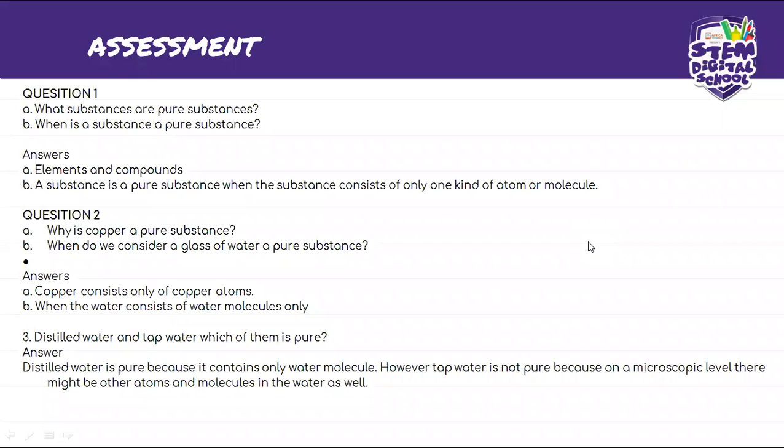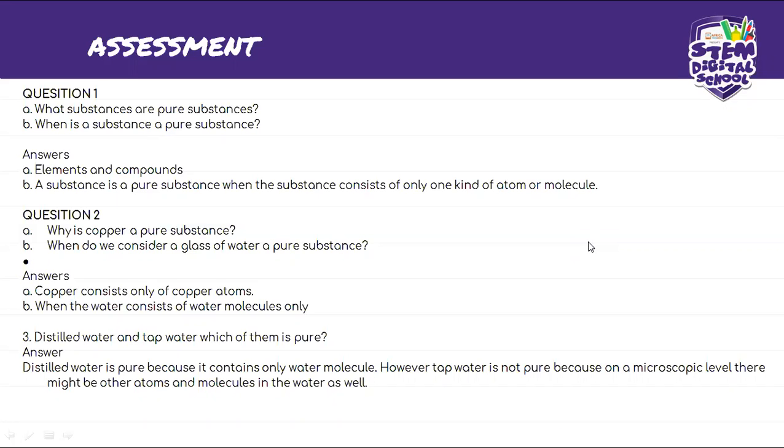Okay, sugar is made up of sucrose, which is a pure substance. Sugar, for example, glucose. The formula for glucose is what? C6H12O6. Is that okay? All right.